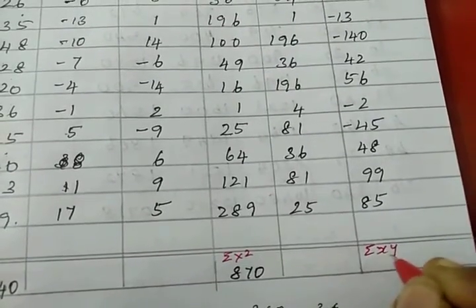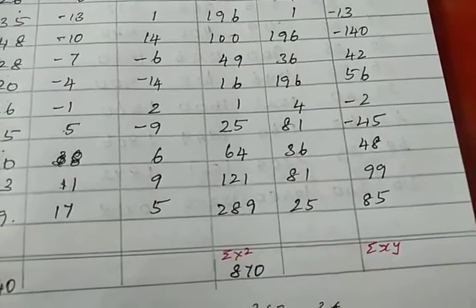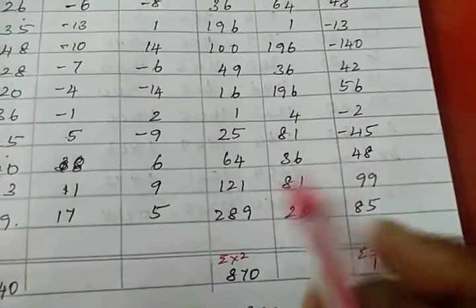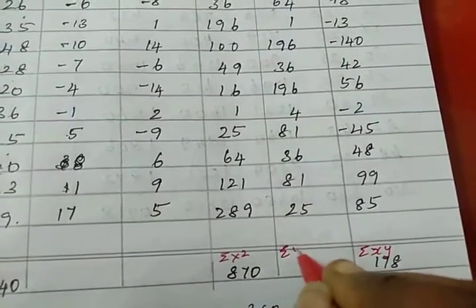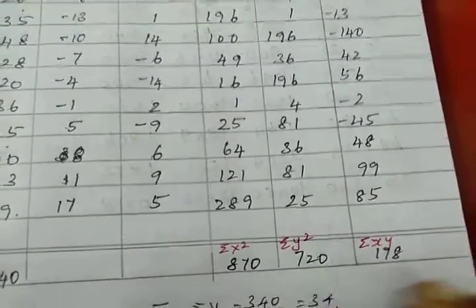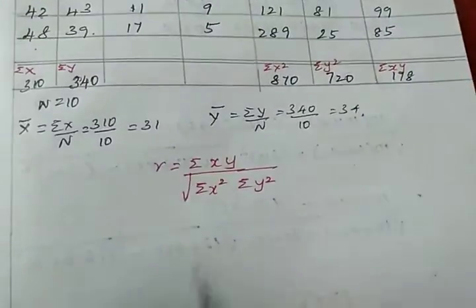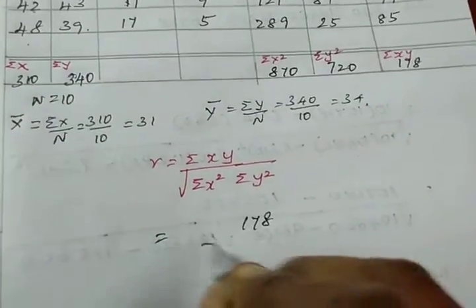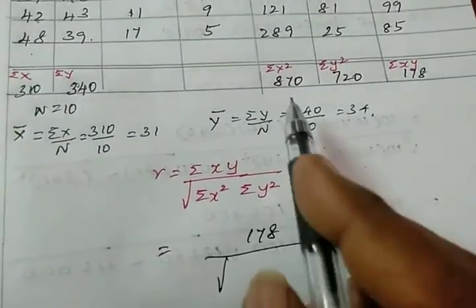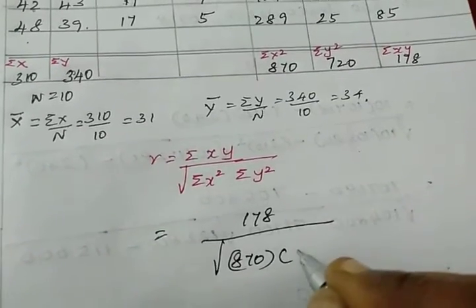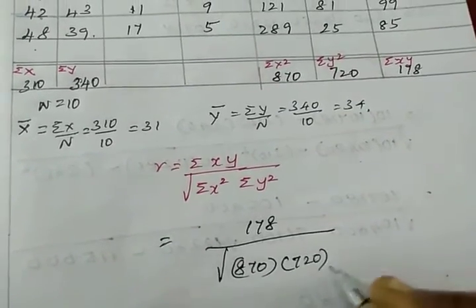summation xy equals 178. And summation y squared, you will be getting 720. Now substitute in the formula. Summation xy, it is 178, the whole divided by root of summation x squared, 870, into summation y squared, it is 720.